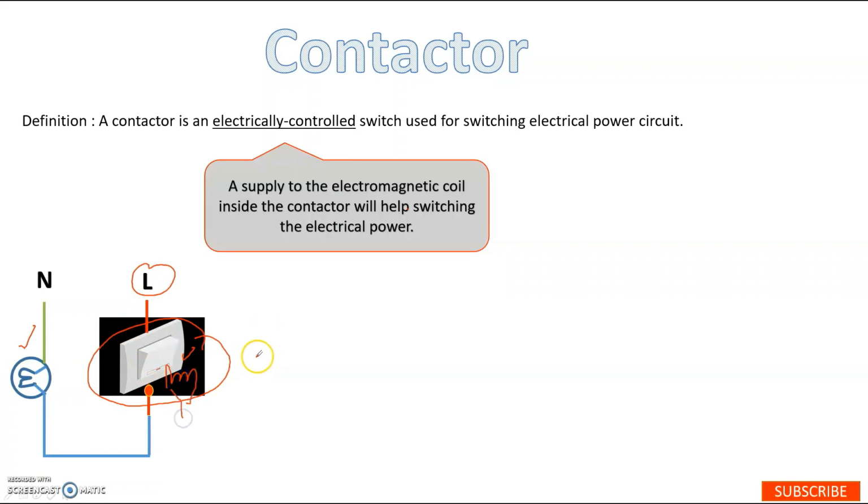So if a person goes near the switch, he just switches on the switch manually so that this light bulb can glow. The same thing can be done by the use of a contactor, but this man can be sitting in his room in front of a computer and he just clicks it from the room and the light bulb glows. Wow, how wonderful can it be, right? This is the power of a contactor.